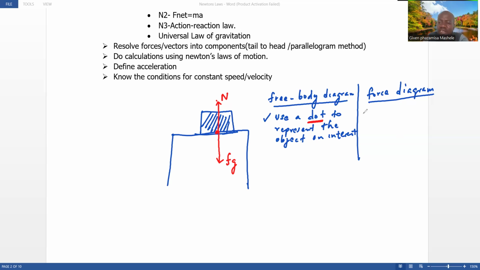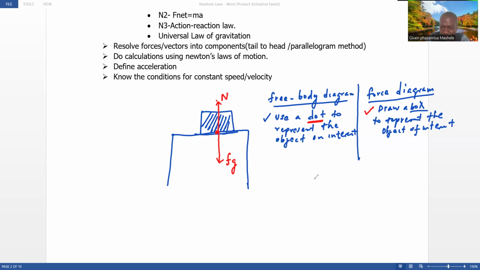But in a force diagram, even though we show all the forces, we draw the object, or we draw a box to represent the object of interest. So instead of using a dot, in a force diagram we just use a box, but all the forces will be present in both.